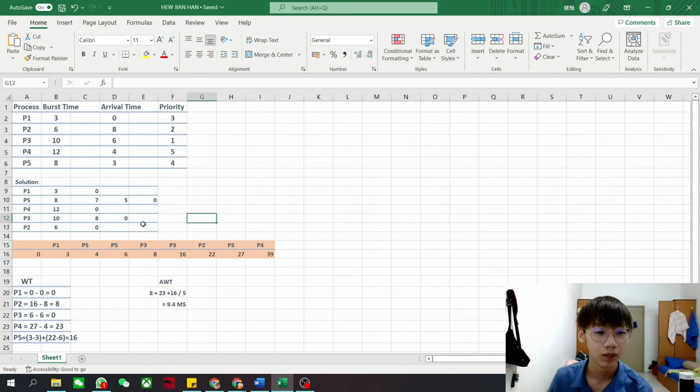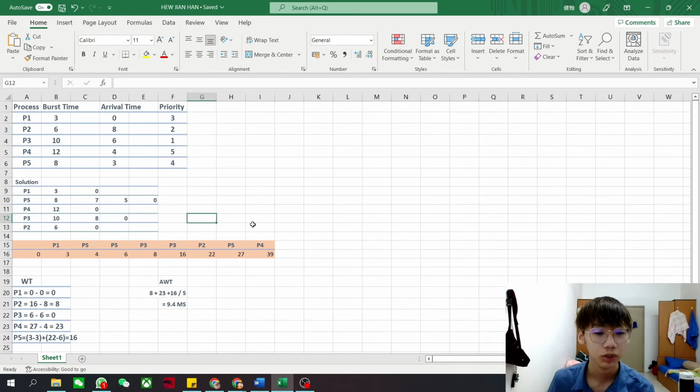Then P3 is incoming at 6 milliseconds in the preemptive priority. Then P3 is also incoming at 8 milliseconds, because the priority of P3 is bigger than P2.